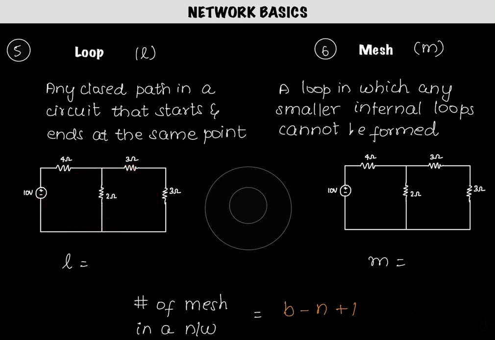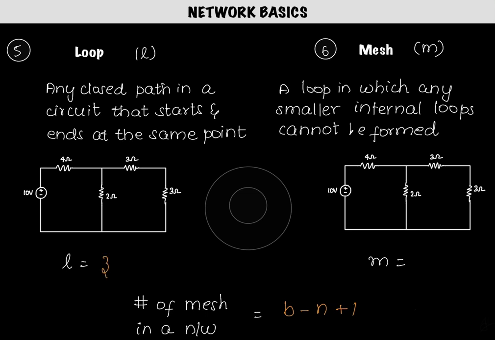Any charge which starts from here can have different paths. It can travel through this and reach the same endpoint, it can travel through this and reach the same start point, and it can also travel through this and reach the same start point. So this circuit has 3 loops in it.